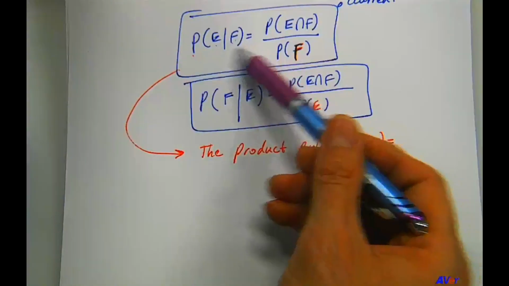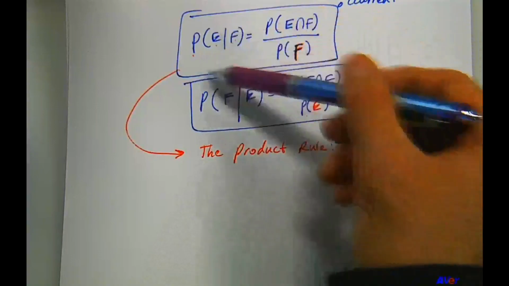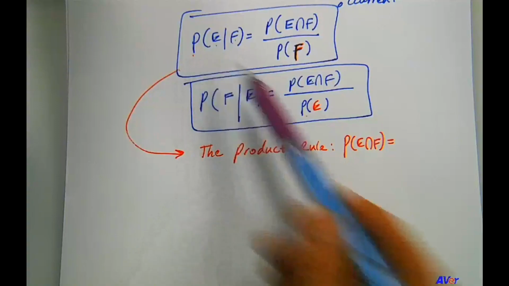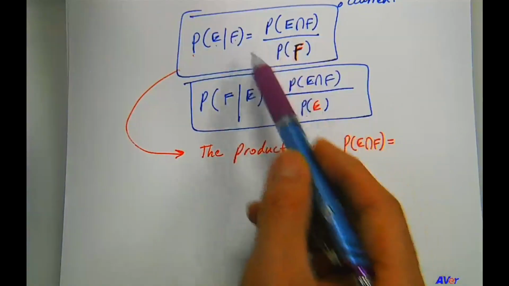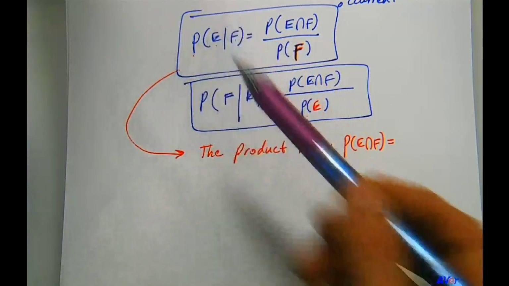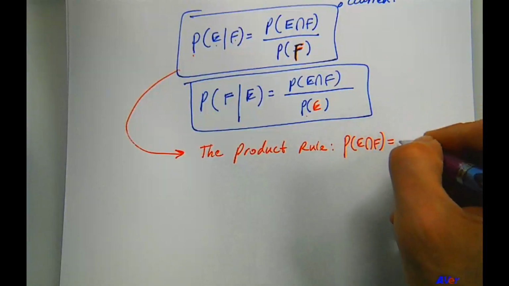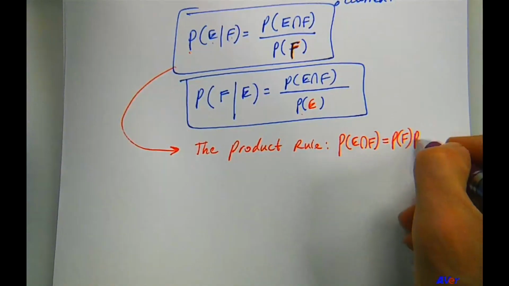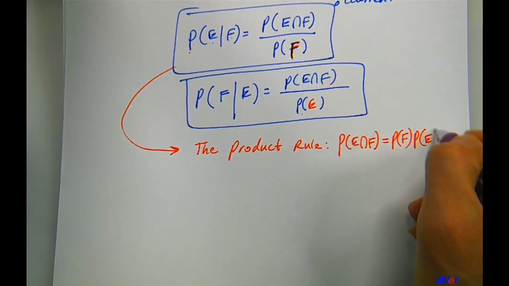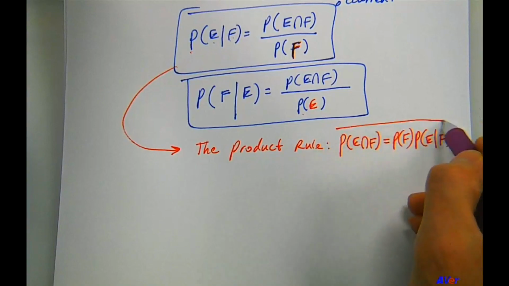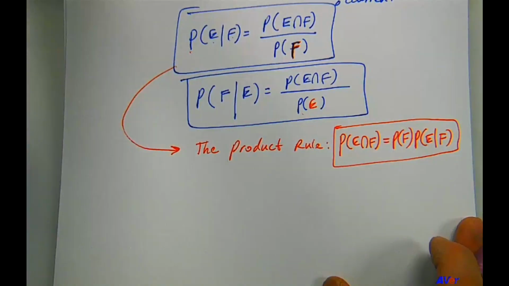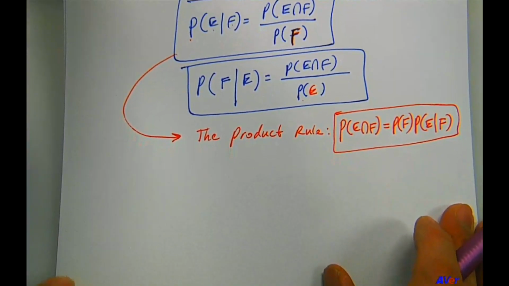The denominator of this is 1. If you cross multiply, you will get probability of E intersection F times 1, which is itself, equals probability of F times probability of E given F. That is the product rule. When we get to the Bayes theorem, this will become very, very important to remember. Okay?